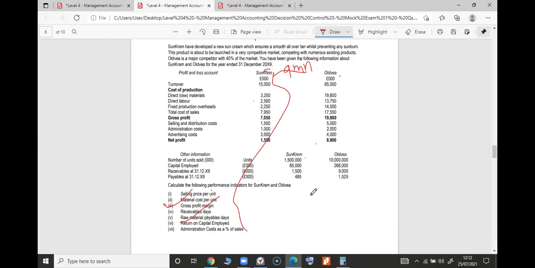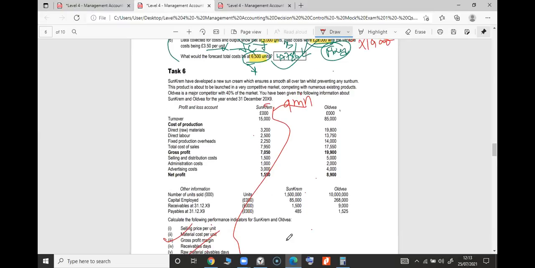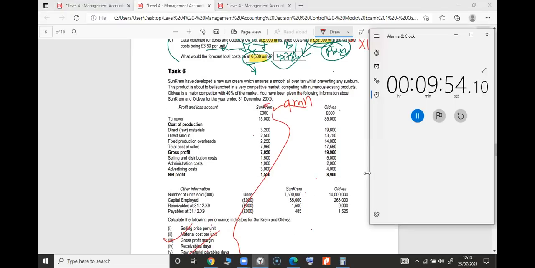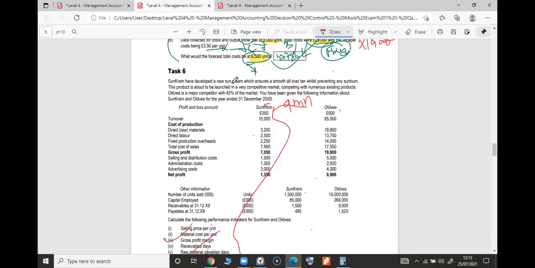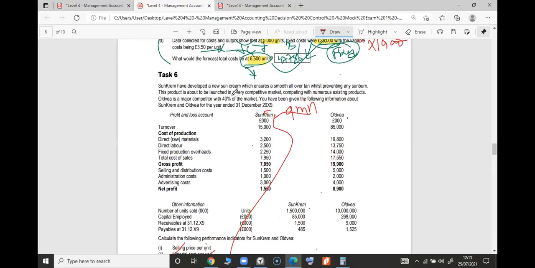Let's read it. Did they tell us anything about it? 10 more seconds. Just give me a minute. 10 more seconds. 5 seconds. 3, 2, 1, 0. Okay. Reading it for you people. Sun cream have developed a new sun cream.